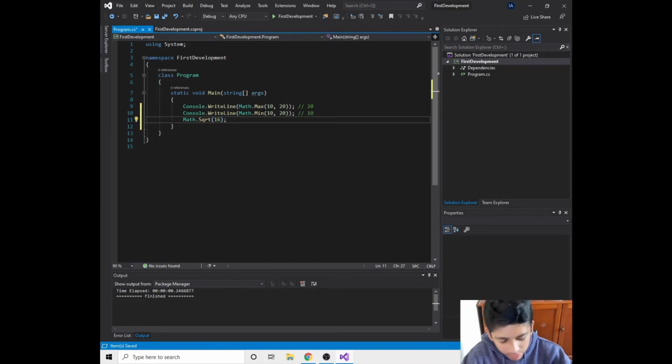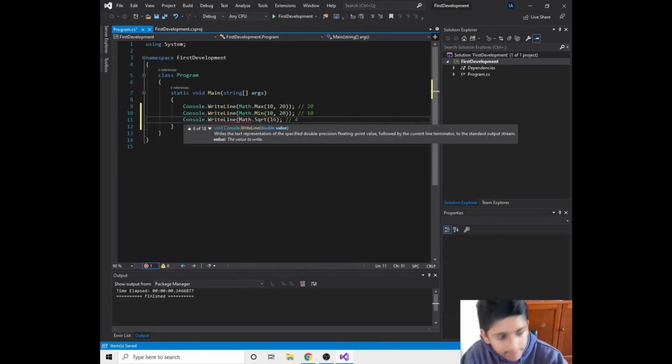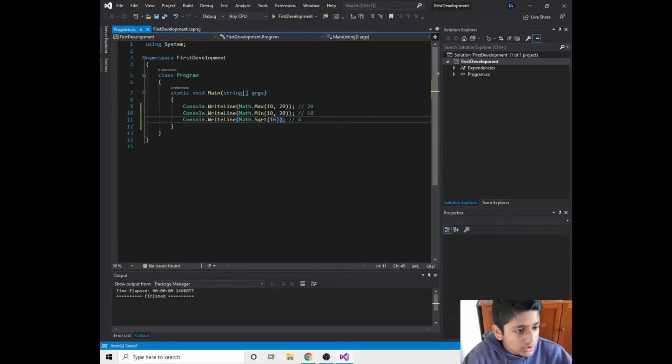So we know this is going to be 4, because 4 times 4 is 16. So that is going to square root here. Then Console.WriteLine, and do that here. So we know the square root of 16 will be 4, because as I just said, 4 times 4 is 16.